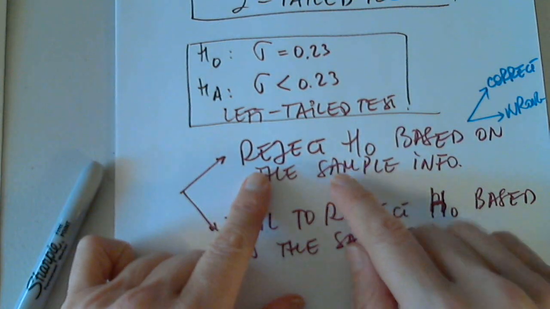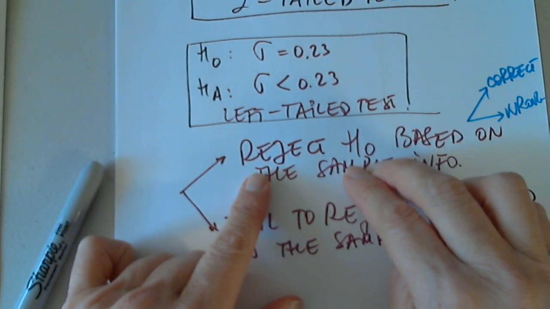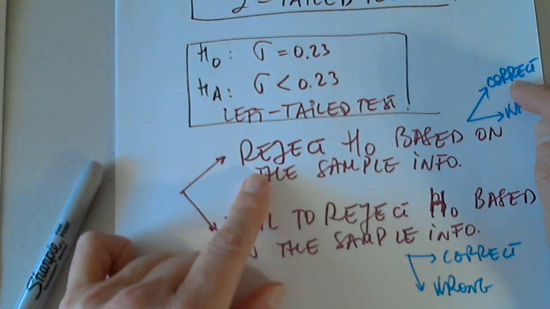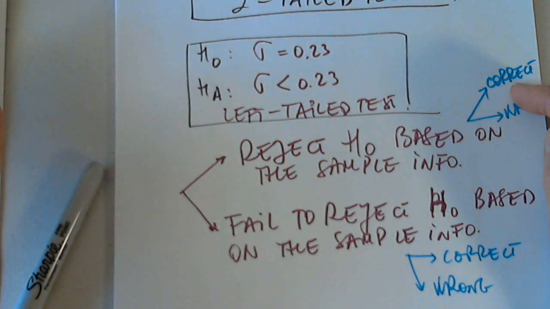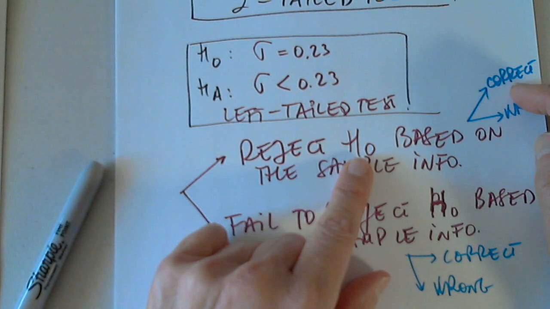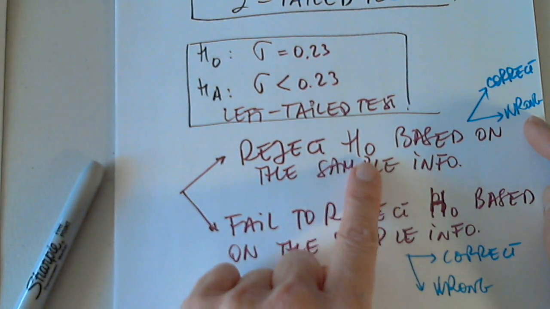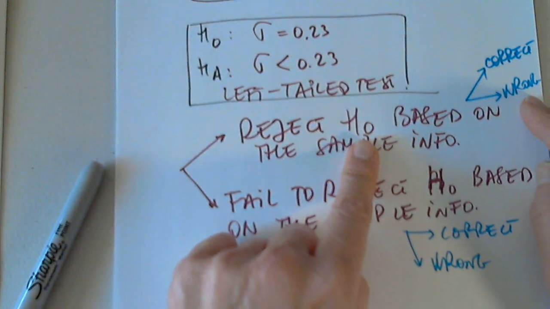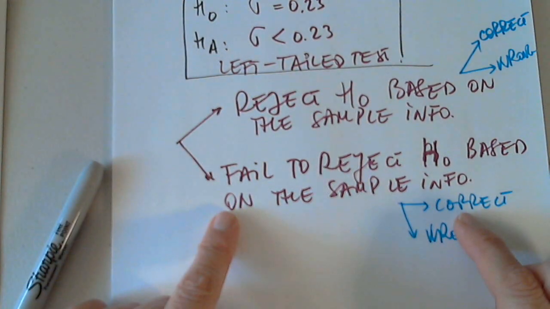If I reject the null hypothesis and I should reject it, then there is no error. But if I reject the null hypothesis but I am wrong, then I make an error. I shouldn't reject the null hypothesis.